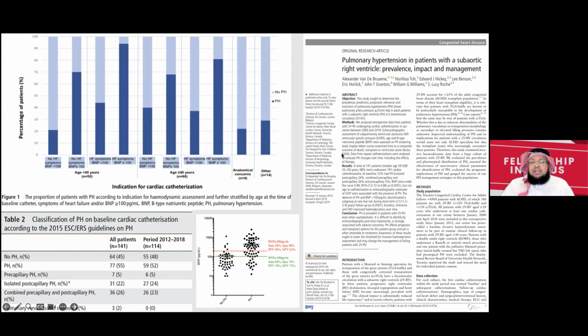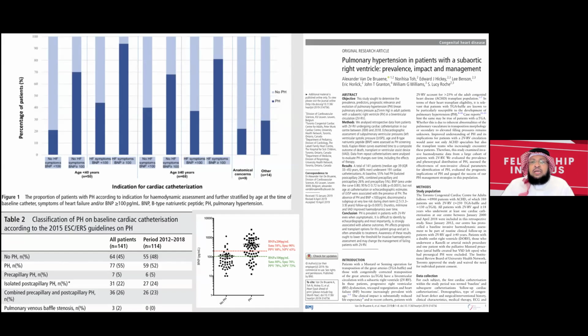But in this study, they found that it ranged between 50 to 55 in those patients. And usually those with BNP more than 100, or pro-BNP more than 300, are at risk.